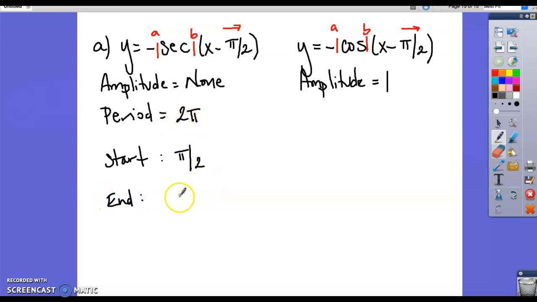My period is 2 pi, so instead of ending at 2 pi, I'm going to end at 2 pi plus pi over 2. We need common denominators here.